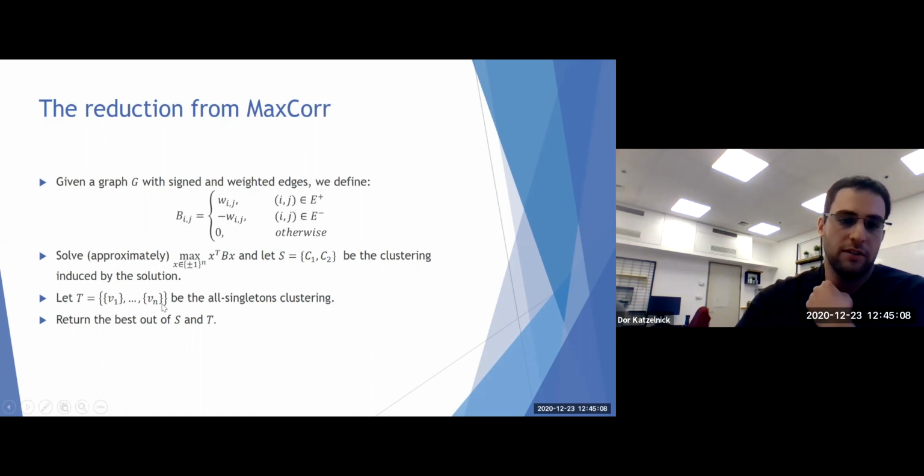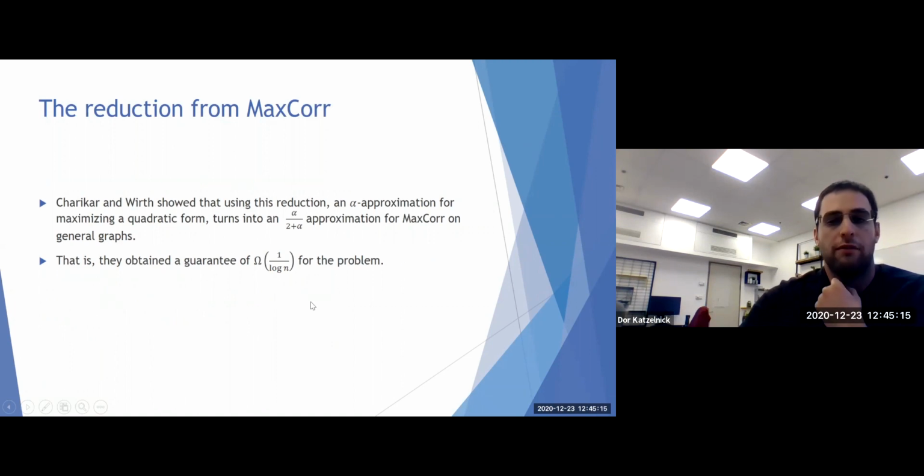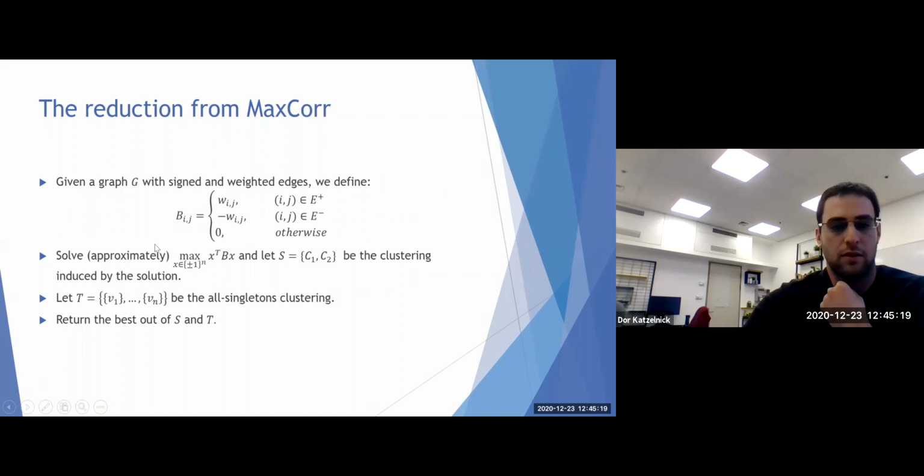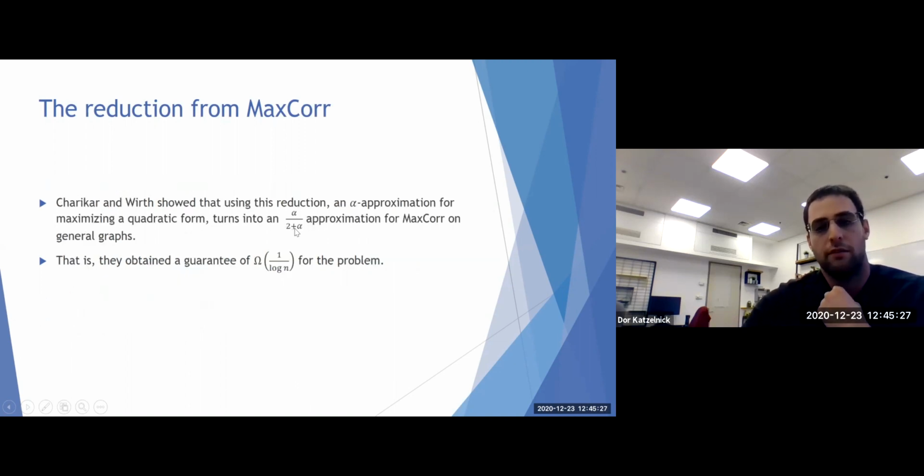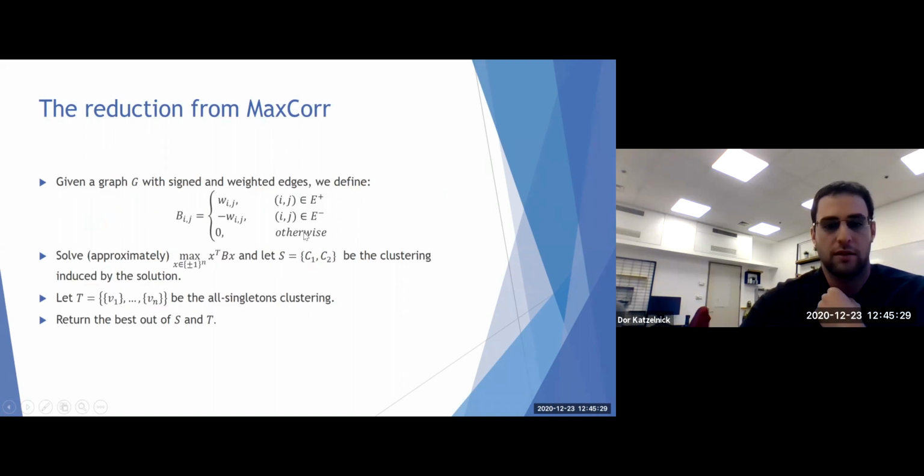Okay, so this is the reduction. It's a very simple algorithm. And they showed that if you have an alpha approximation for maximizing a quadratic form, for max quad, then you get an alpha over 2 plus alpha approximation for max core.